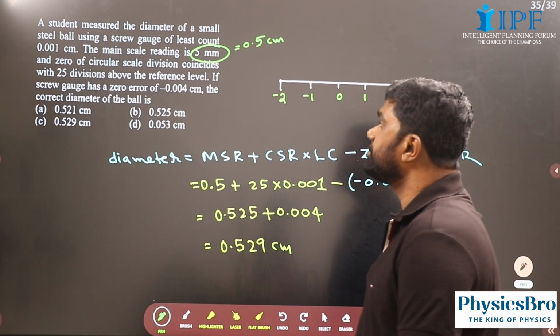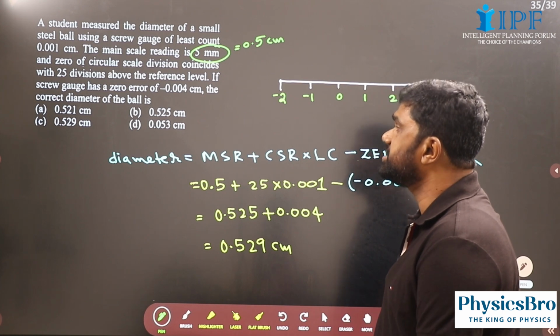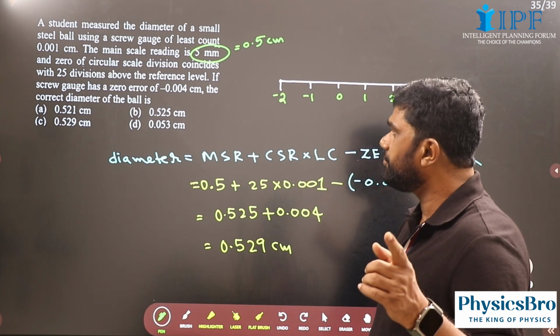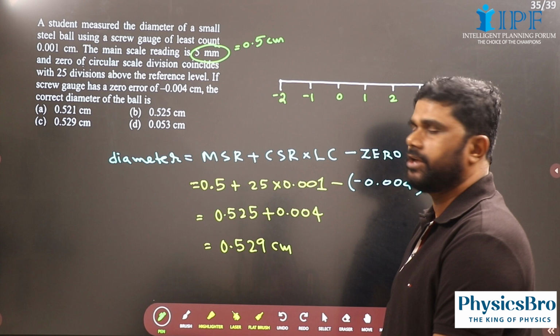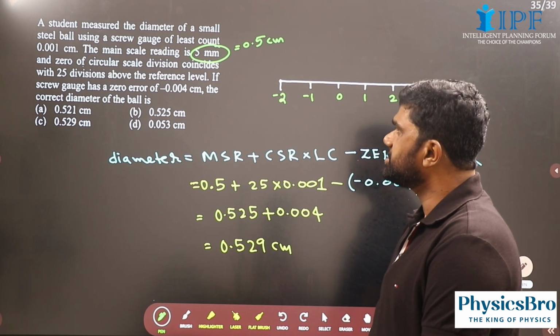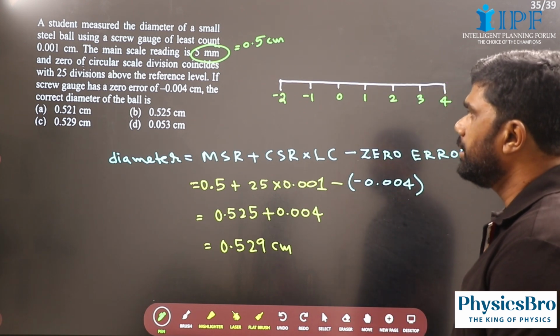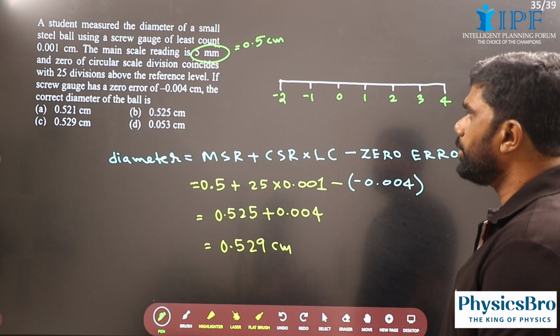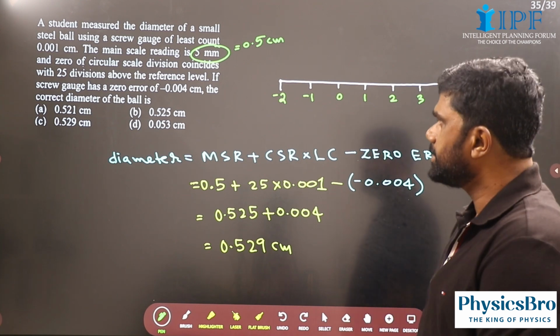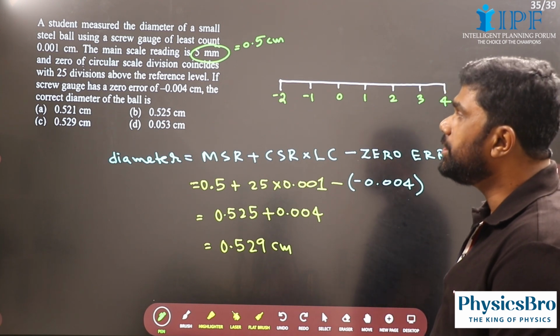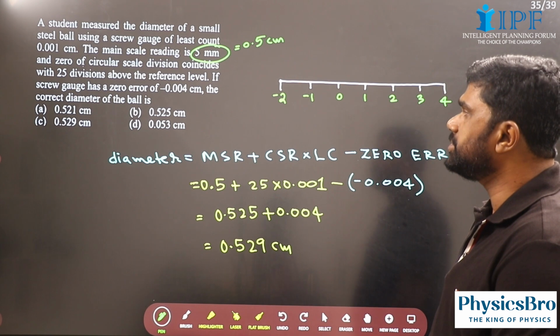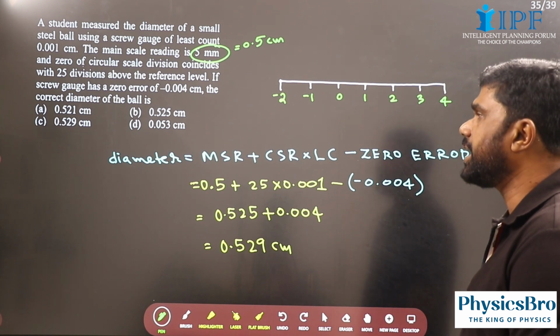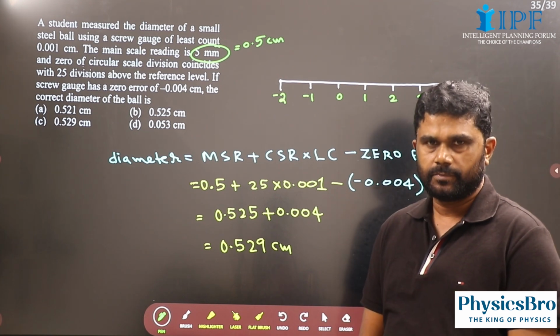And 0 of circular scale division coincides with the 25 divisions above the reference level, which means the circular scale reading is 25. If the screw gauge has a zero error of minus 0.004 centimeter, the correct diameter of the ball is?